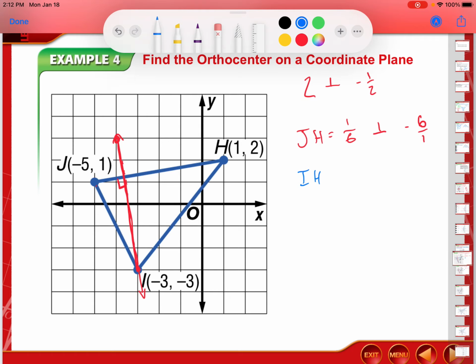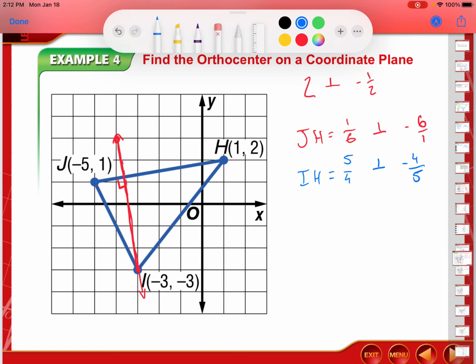Our rise is 4. Did they graph this wrong? No. Our rise is 5, and our run is 4, which means our perpendicular one would be negative 4 over 5.